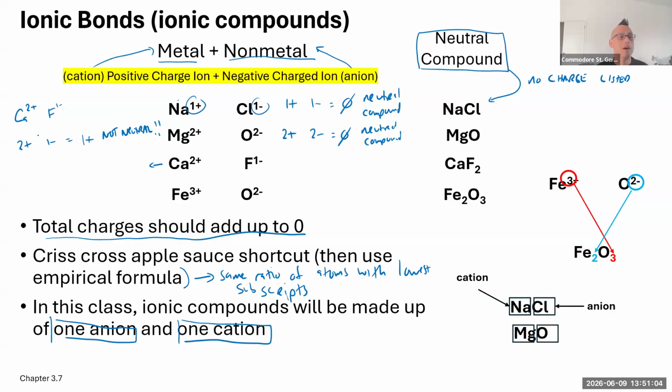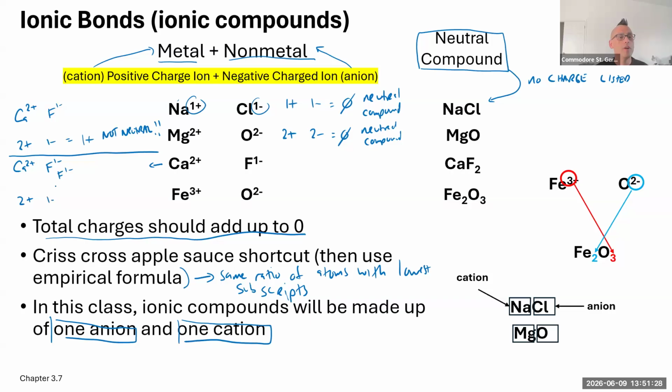All right, because it's not neutral, we're just going to add more ions until it's a neutral compound. So let's try it out. We're not going to add any more calciums because we're already at a 2 plus, but we're going to add another fluorine.